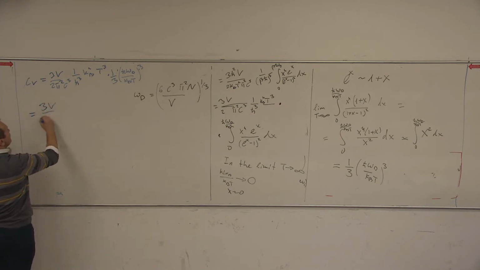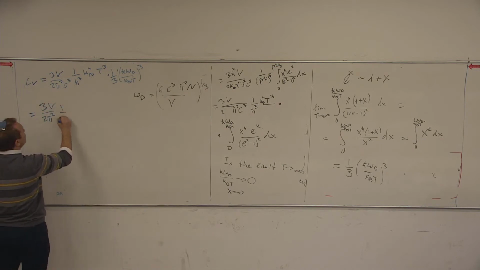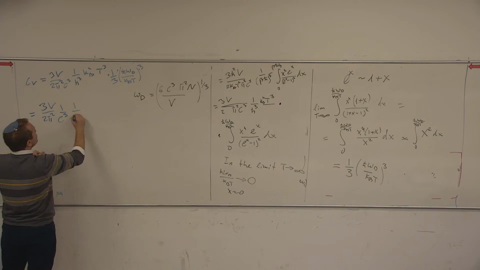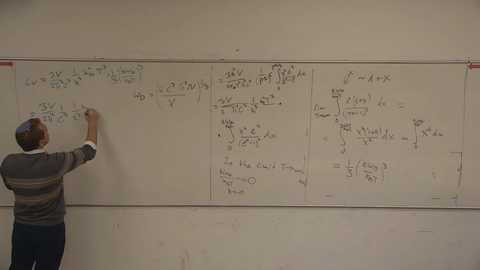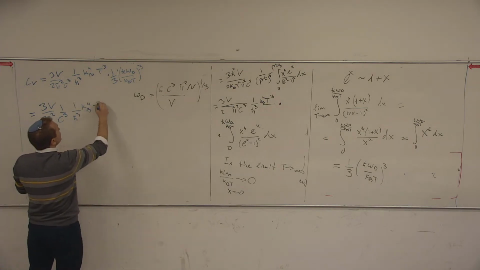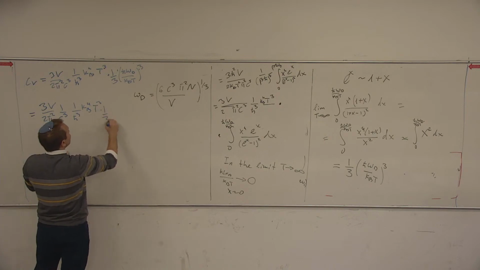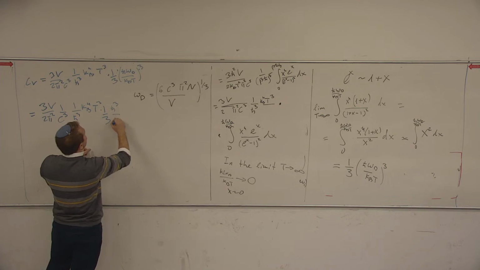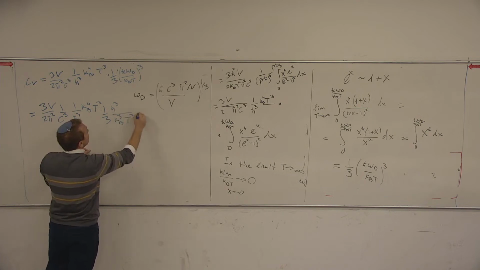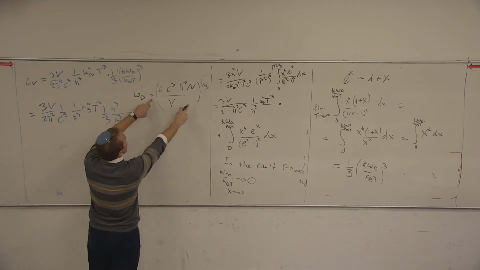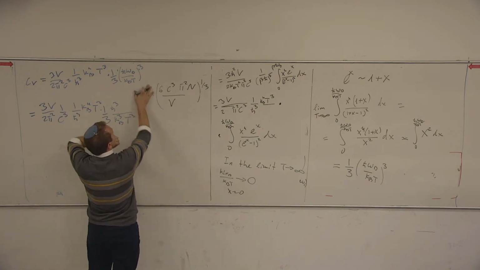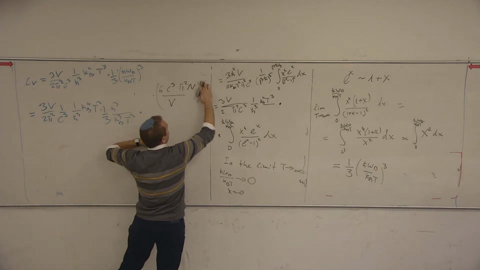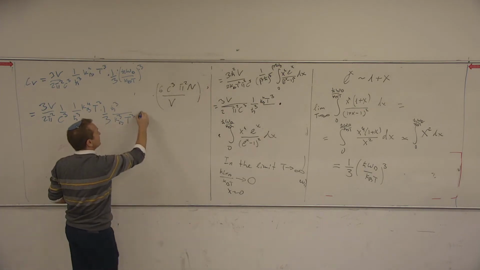So we have 3V over 2 pi squared, 1 over c to the third, 1 over h bar to the third, k Boltzmann to the fourth, t to the third, 1 over 3, h bar to the third over k Boltzmann to the third t to the third, multiplied by what we have here to the third power. Multiplied by this guy.